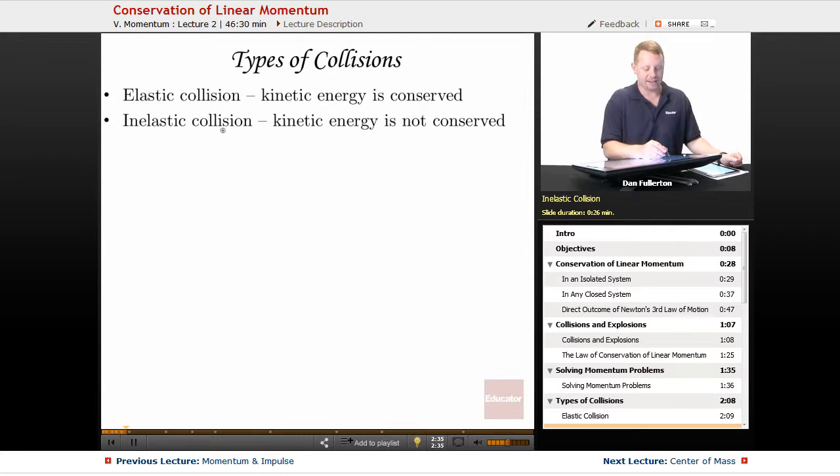And an inelastic collision is a collision in which kinetic energy is not conserved, a sticky collision. The two objects stick together. And you have various levels in between, partially inelastic collisions, things like that. But the key thing you need to know: if something says it's an elastic collision, the kinetic energy before equals the kinetic energy after.